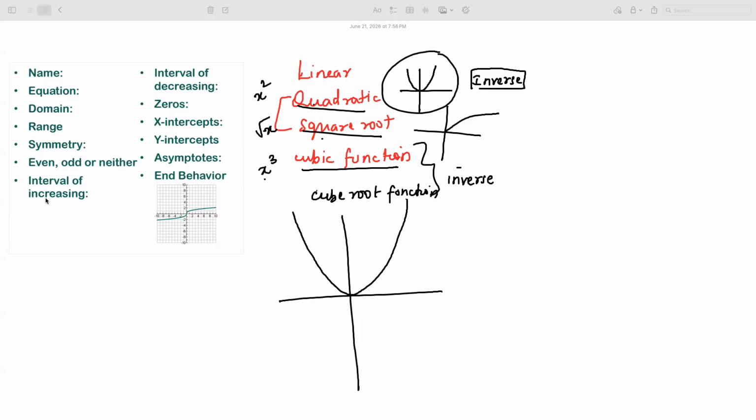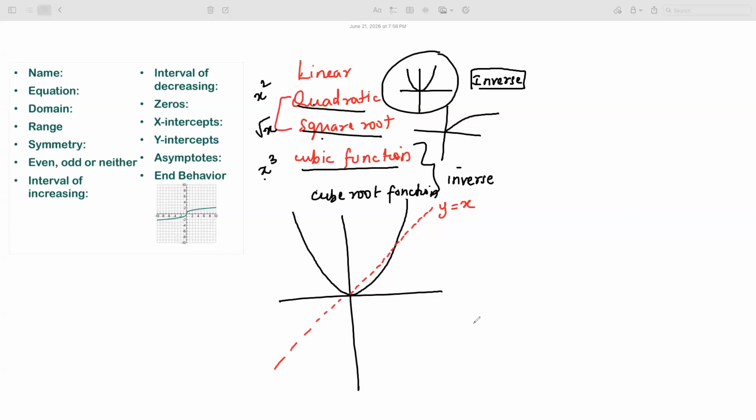Now, there is a line. I draw this line. What is this line equation? What is the dotted line equation? Anybody? Y equals x.